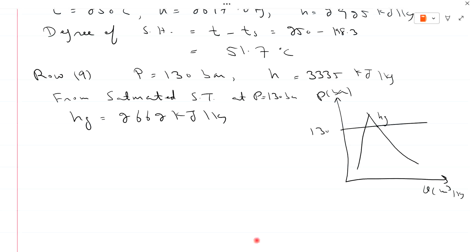So at this point Hg is equal to 2662 kilojoule per kg, but the H given is more than this value, 3335 kilojoule per kg. It means that as H is greater than Hg, properties are in the superheated region.